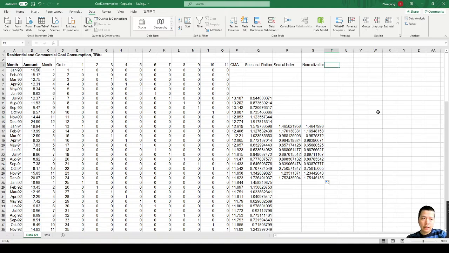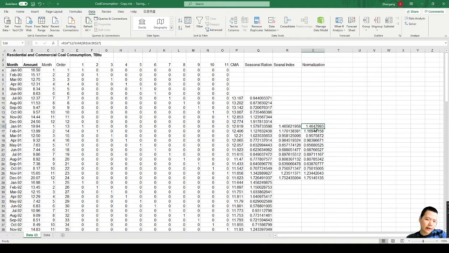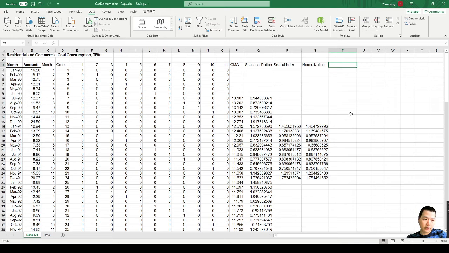And then we know the seasonality. This one means that on average, January would be 46% higher than the average of the year. So we want to calculate the deseasonalized price.